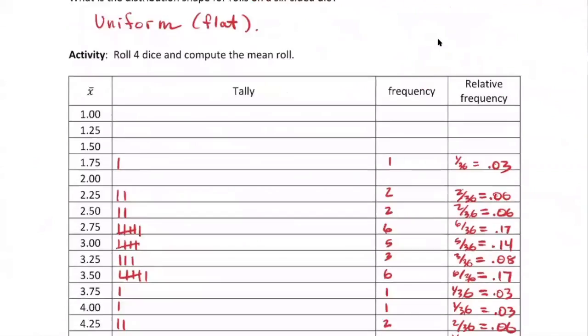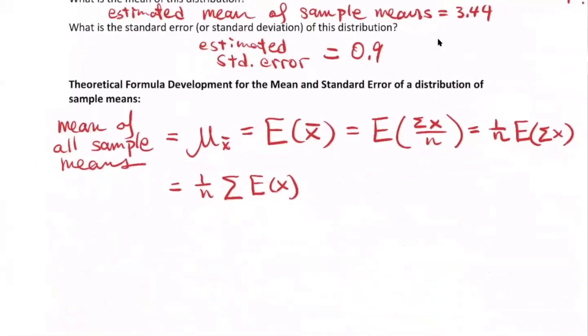So going back, that's the sum of the expected values of x. Again, 1 over n. The expected value of x is the mean of the original population. And if you're adding n of these together, then you're going to have n times the mean. But the n's cancel, and you just get the mean.